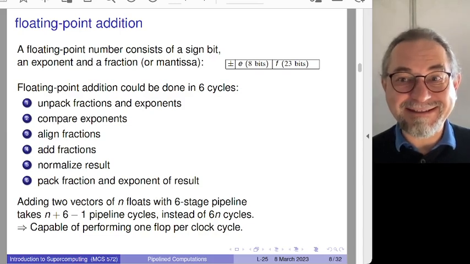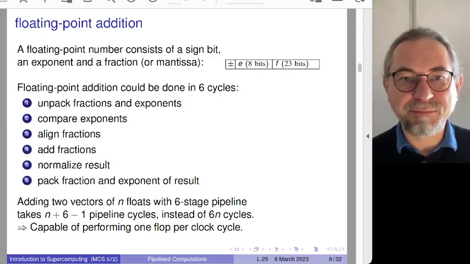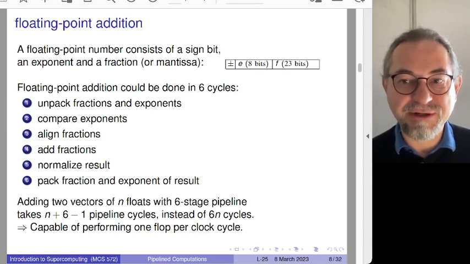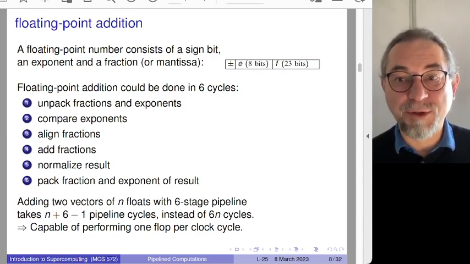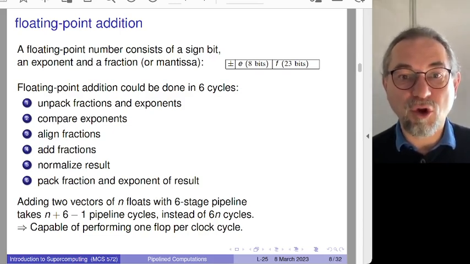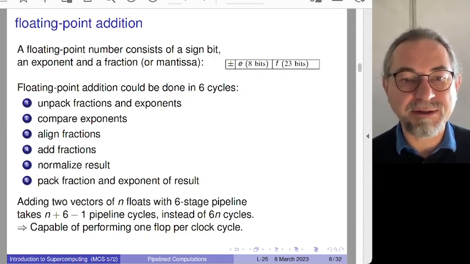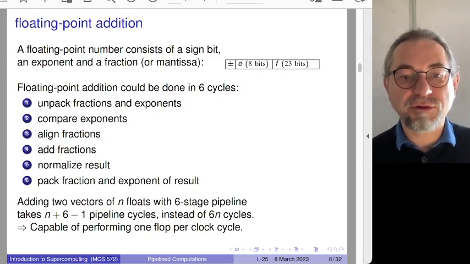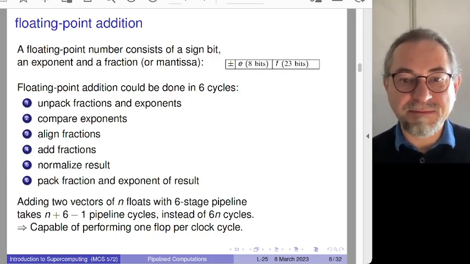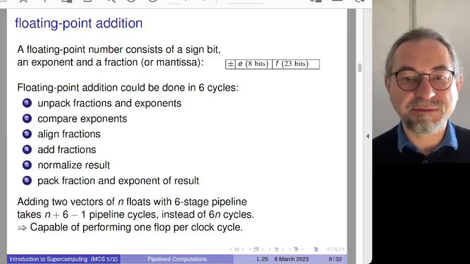So it takes at least 6 time units for doing one floating point addition, but previously when we examined performance, we could observe that theoretically, in one clock cycle, there could be one floating point addition done. And why is that? Well, we have pipelines, so we have a 6-stage pipeline. If we have many numbers to sum, so we have 2 vectors to sum, then instead of 6 times n operations, we can do this in n plus 6 minus 1.